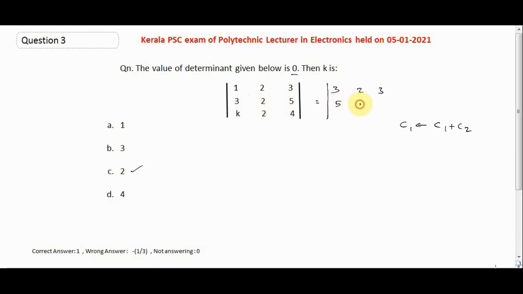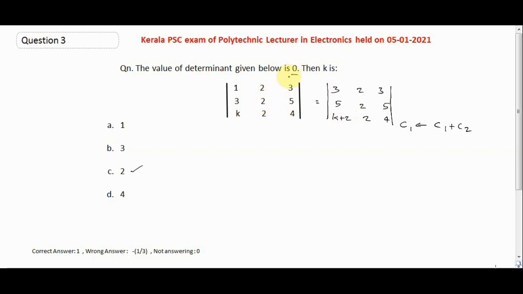Then we will have 2 and 5. And this will change as K plus 2, 2 and 4. Now we know that as per property number 5, even if we make a column manipulation like this, the determinant value will be same as this determinant value, and in the question it is given that the determinant value is 0.